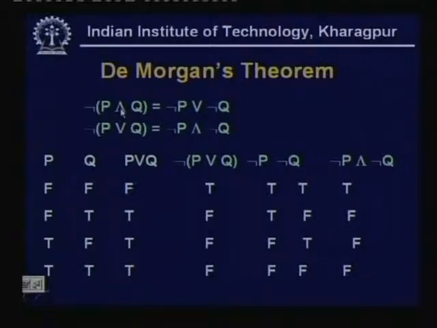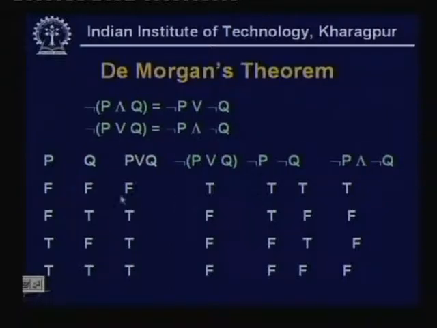So, the dual of AND is OR and the dual of OR is AND. So, not of the whole thing P and Q will be not P, and this one will be complemented, it will become OR not Q. Similarly, not of P or Q will be not P, and this will be complemented and not Q. Now, this is De Morgan's theorem.